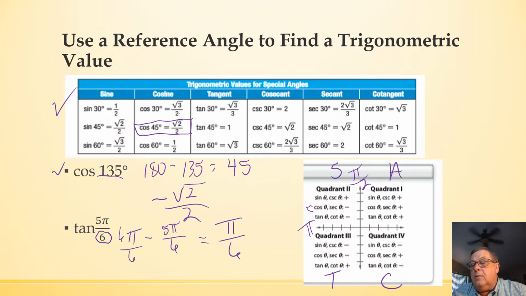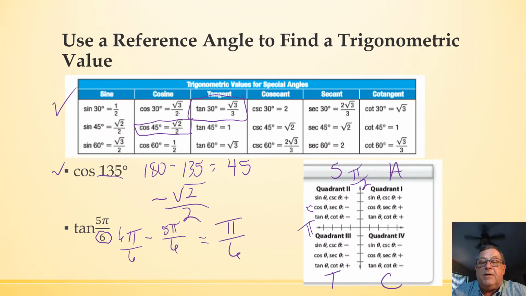And again, when we got radians here and we've got a denominator of 6, that's going to relate to a 30-degree angle. So, what is our tangent of 30 degrees, or pi over 6? Well, it's right there. It's square root of 3 over 3.